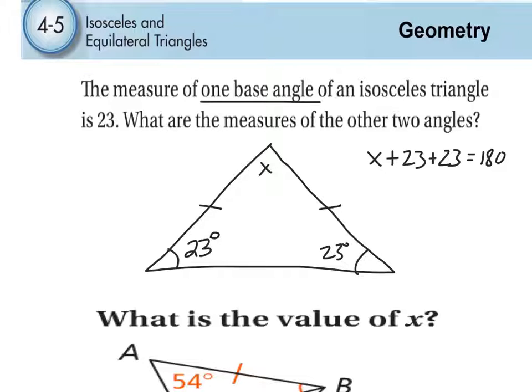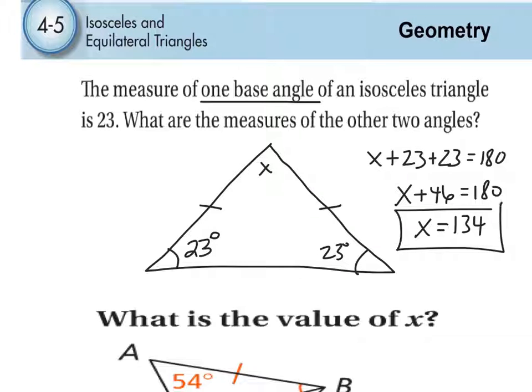It's going to be x plus 46 is equal to 180. When I subtract that through, x is going to be 134. Okay, so I know that last angle is 134 degrees.